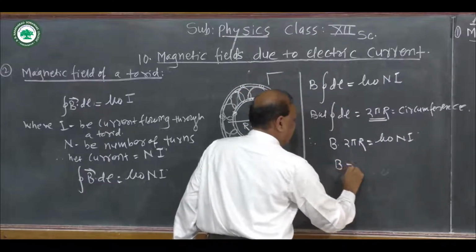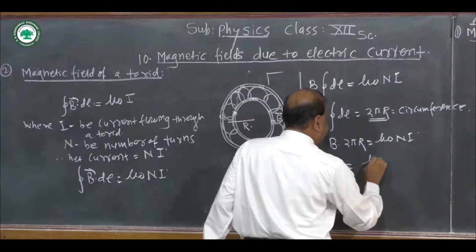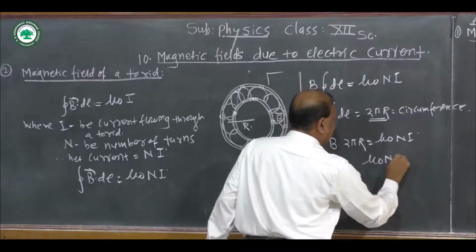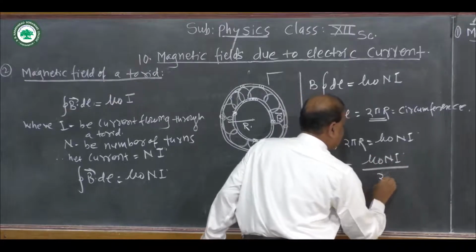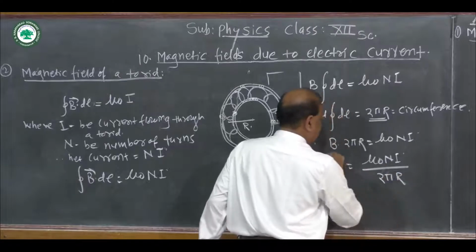From that, the value of B will be mu 0 Ni divided by 2 pi r.